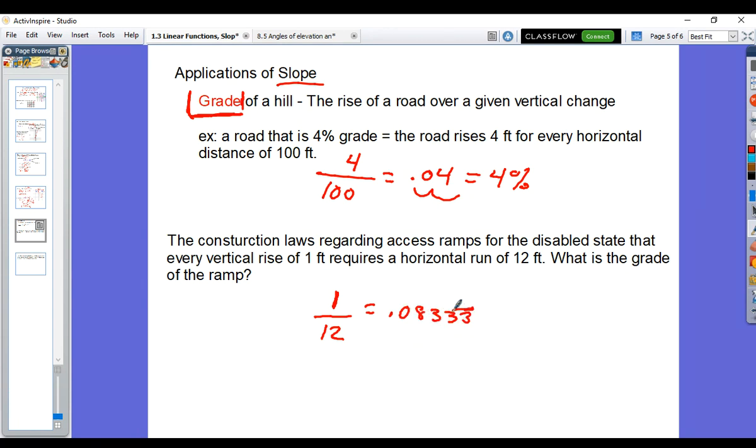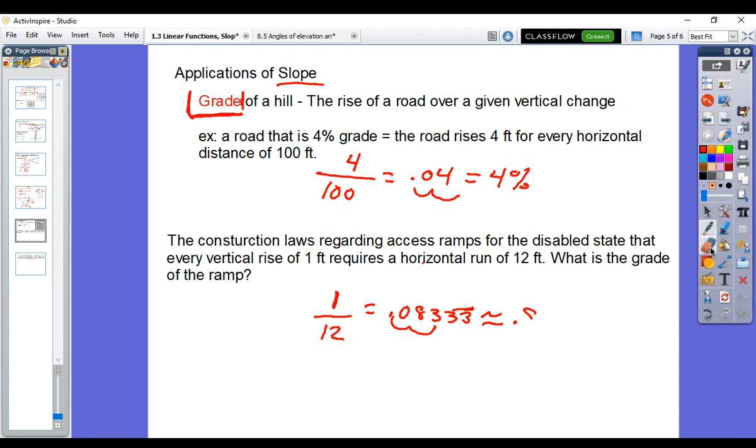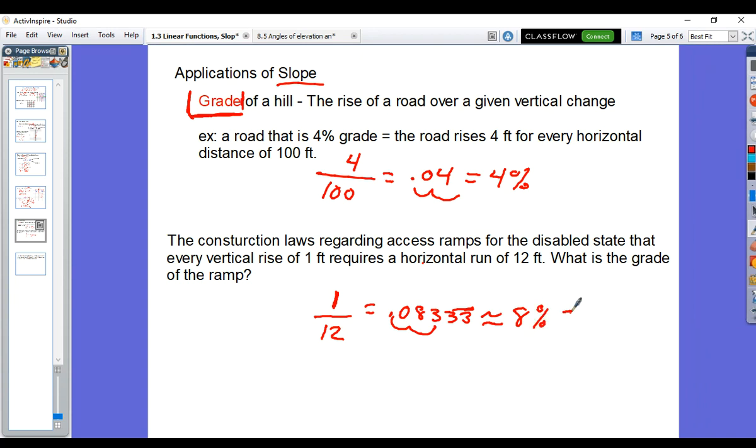So if we're moving this over twice, we can round it to the nearest whole percent, which will be 8% grade. But if you want to be more exact, you can call it 8 1/3% grade.